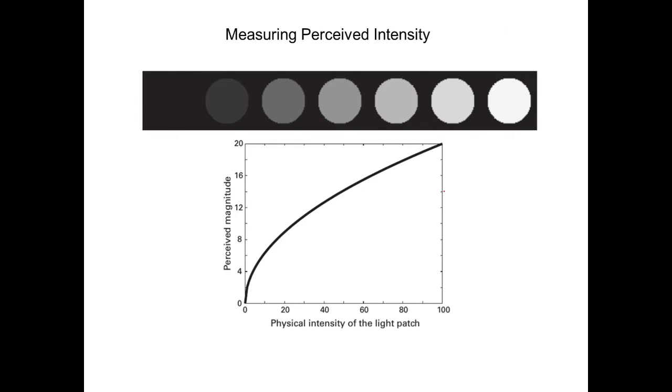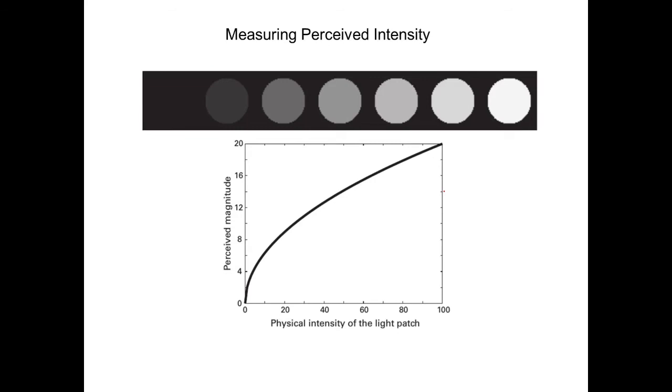Now, when light is perceived as a Weber fraction, the graph shows this. Stevens' law states the same thing in a slightly different way.